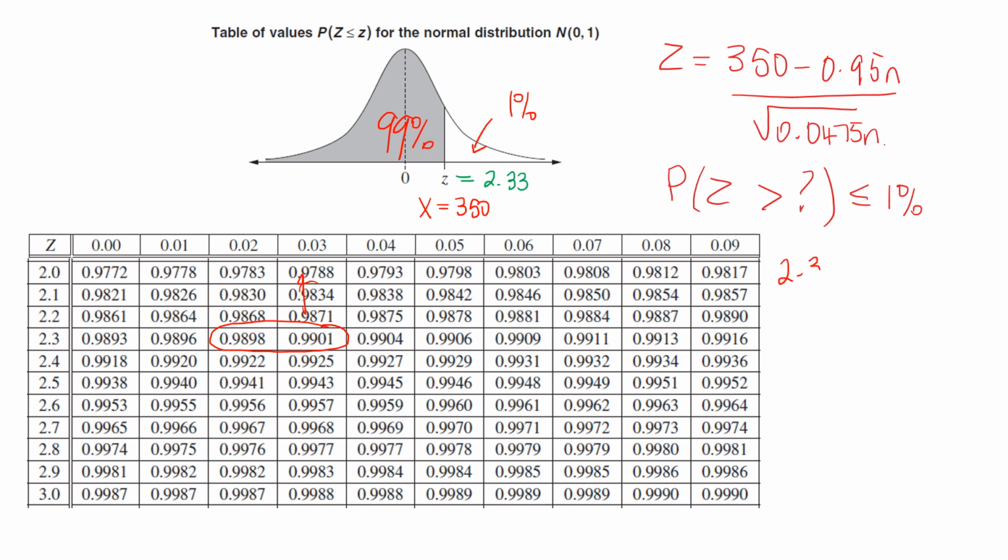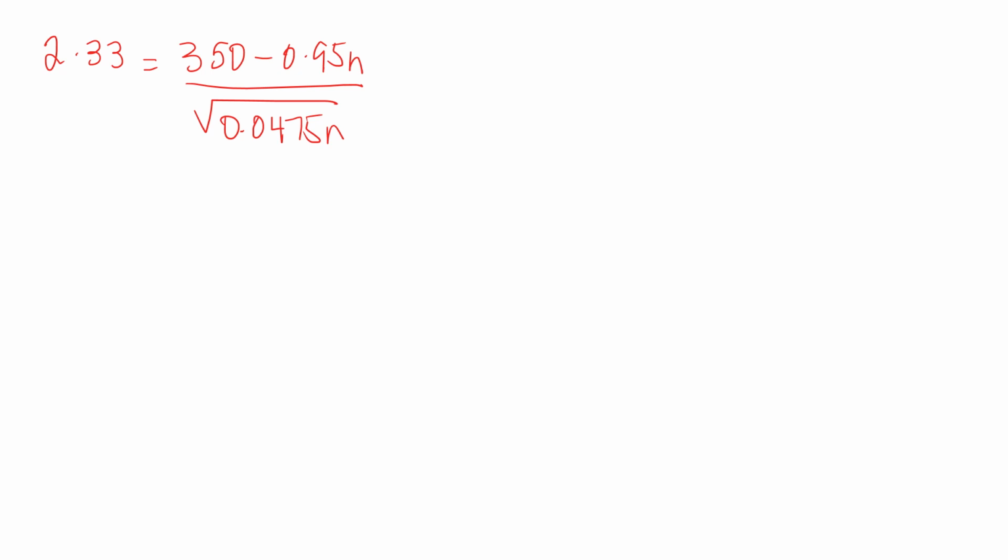So 2.33 is equal to 350, take away 0.95n, all over the square root of 0.0475n. Right, multiplying both sides by the square root of 0.0475n, putting that equal to 350, take away 0.95n.